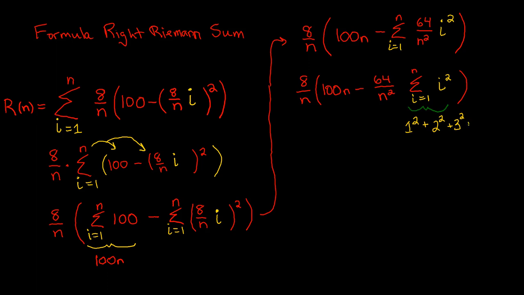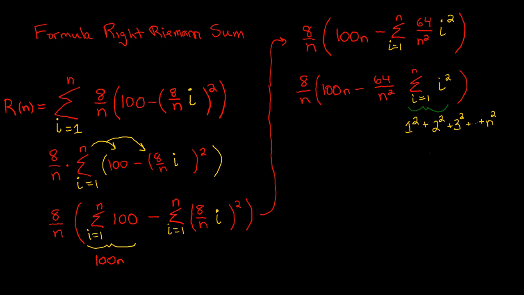And you keep doing this until you get to n, and you get n squared. So basically what is sitting right here is the sum of the first n square whole numbers. So it's like 1 plus 4 plus 9 plus 16 plus 25 until you decide to stop.